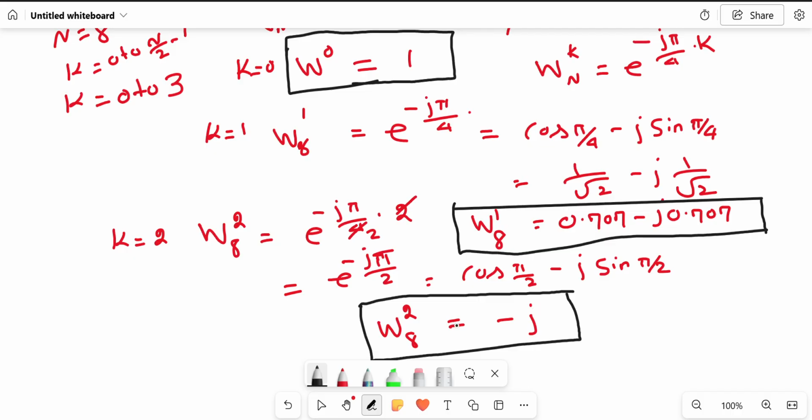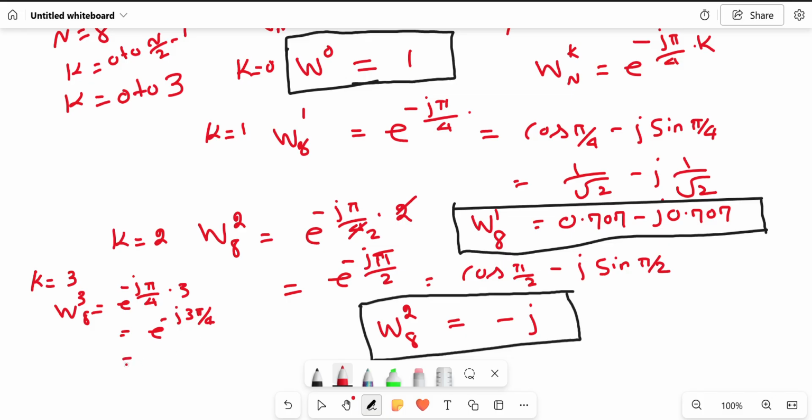Similarly, W_8^3, k equal to 3. So W_8^3 is equal to e power minus j pi by 4 into 3, so e power minus j 3 pi by 4.